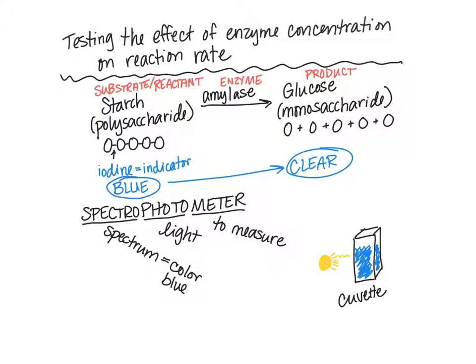As this light moves through the sample, some of it gets absorbed or stuck in the sample, and some of it passes through. It depends on how dark the blue is and which wavelength of light we are shining through. On the opposite side, there is a sensor. And this sensor measures how much of the light is transmitted through that sample. So it's actually going to give you a transmittance value.